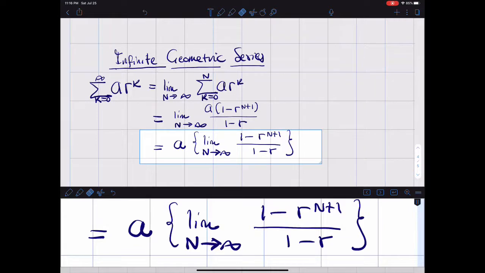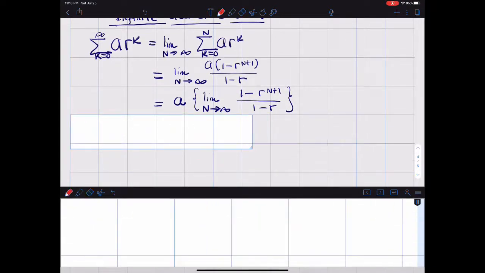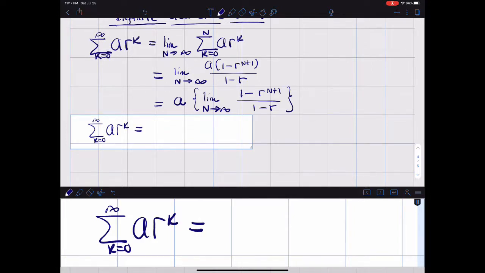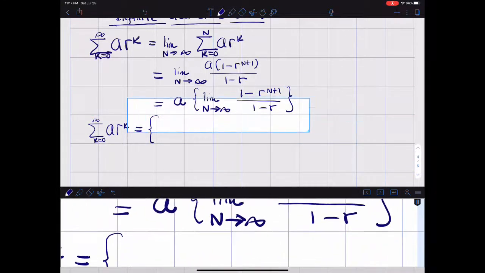So what do we do? We can now write our formula for the geometric series, the sum from k equals 0 to infinity of a r to the power of k. If r is greater than or equal to 1, we know that it diverges because this fraction goes to infinity or it becomes 1.